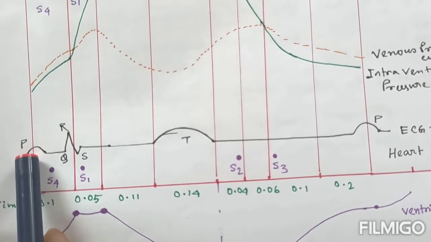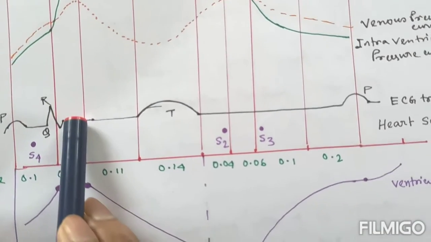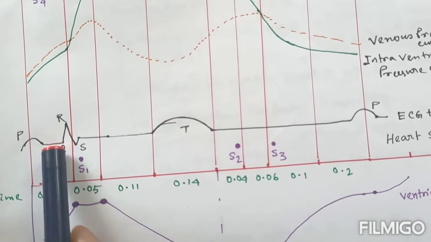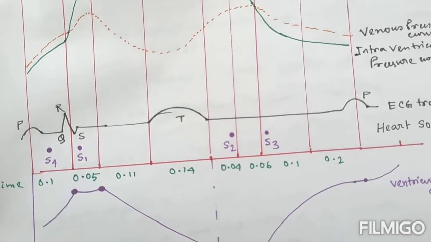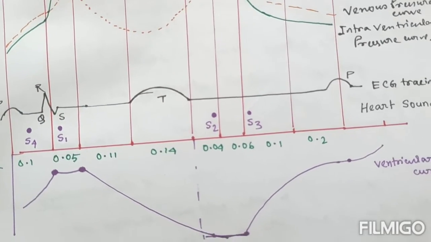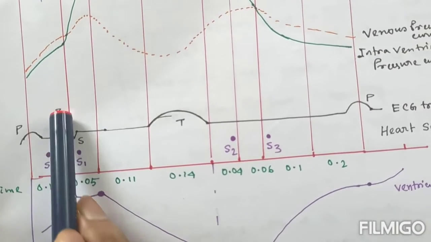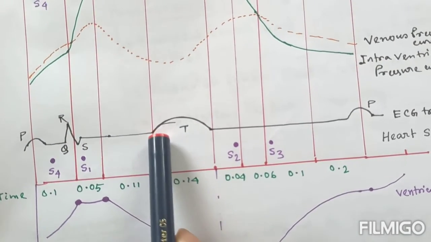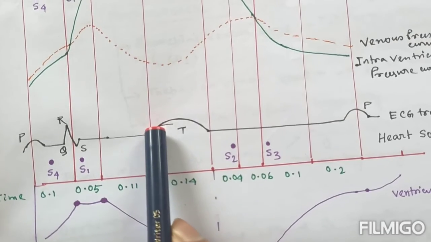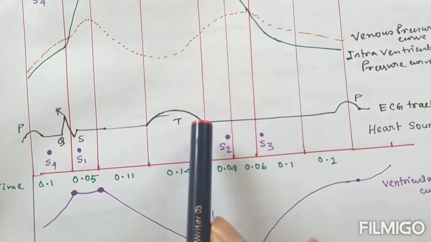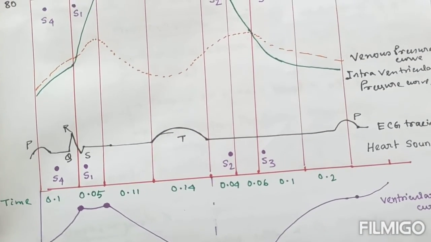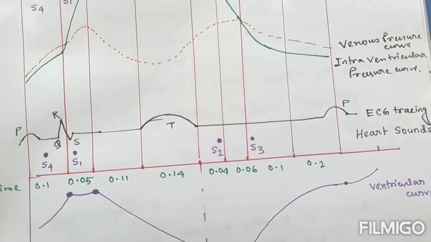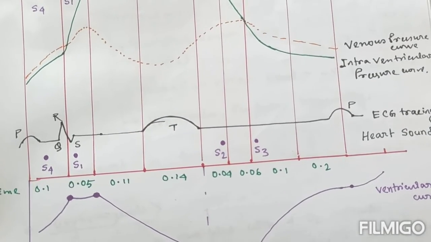So we will find this P wave just before the atrial systole, and we find the QRS, which actually denotes ventricular depolarization, just before ventricular systole appears, and we find the T wave appearing just before ventricular diastole, because it depicts ventricular repolarization or ventricular diastole.